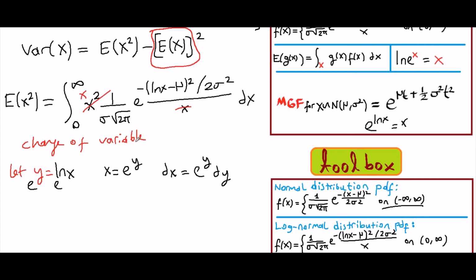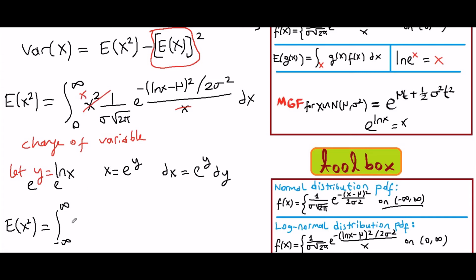Now we can write everything in terms of y, and we know that our x is e to the y. So the expectation of x squared will be equal to, and our limits of integration will be negative infinity to positive infinity, as in the previous case. When x is equal to 0, y is negative infinity. When x is equal to positive infinity, then y is positive infinity.